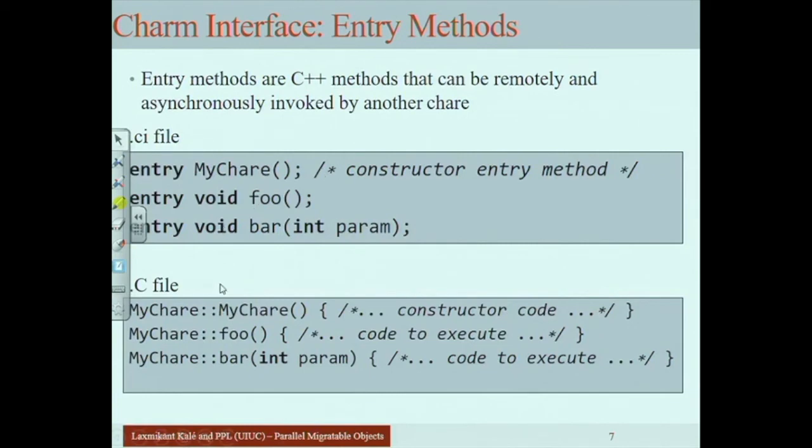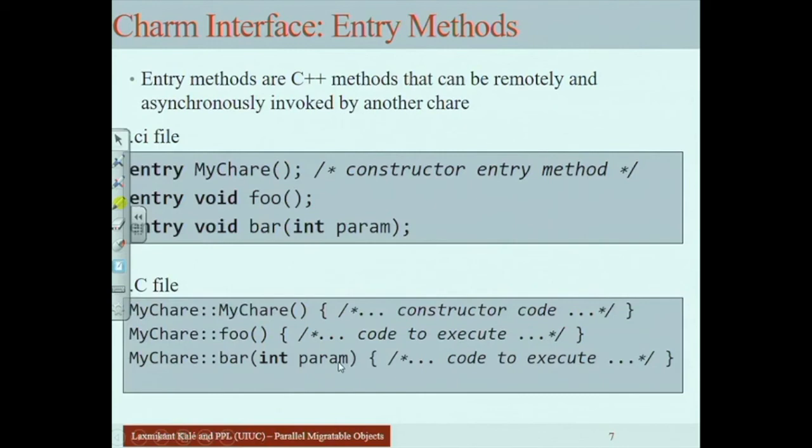In the .C file, inside the class definition for MyChare, or somewhere, depending on how you write your C++, you'd say MyChare::MyChare, and write the constructor code. This is just your usual C++ code: MyChare::foo, MyChare::bar(int param). This and this must match. This is one of the sillinesses that we have to deal with because Charm++ is mostly a library-based system, right? If it were a language which owns the compiler for the whole thing, then you shouldn't have to duplicate this here and here.